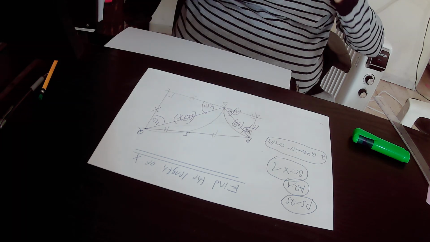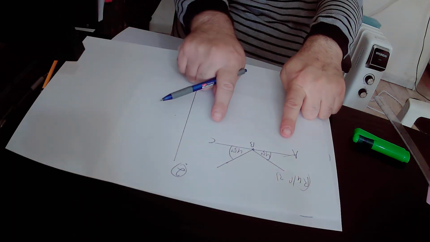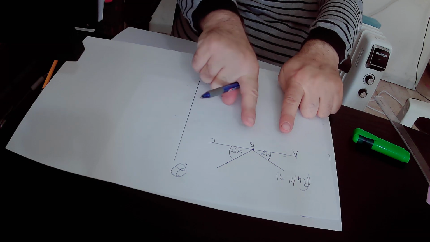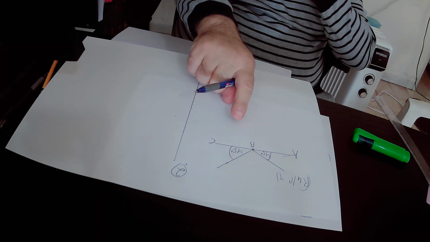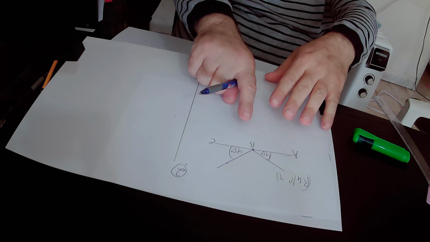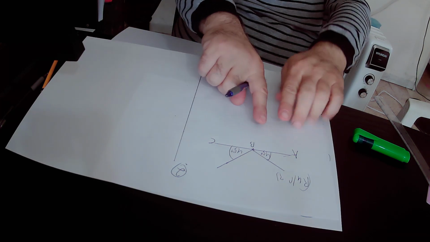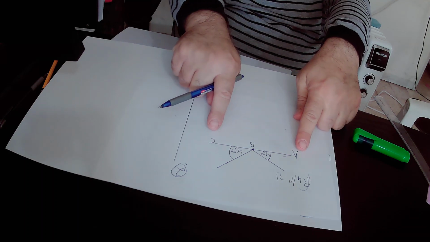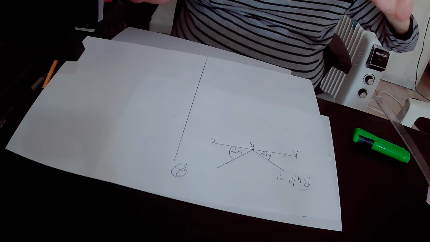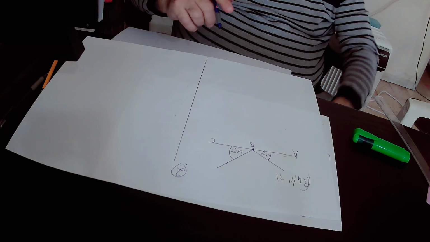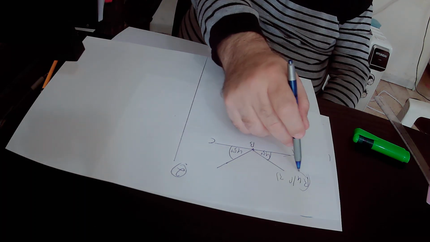So actually, this is the straight line AC that I copied from the original drawing. This is point B. So we will implement rule number 3 on this straight line AC. If you focus on the upper side of this straight line AC at point B, the sum of the angles must be equal to 180 degrees according to rule number 3.